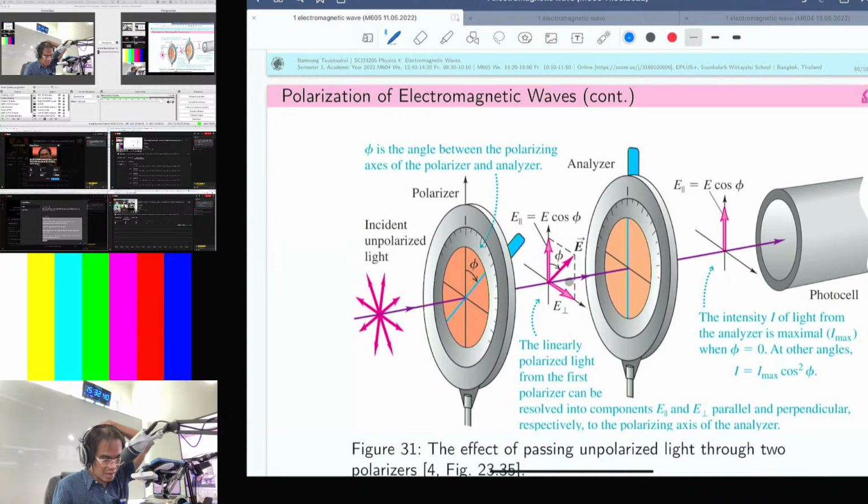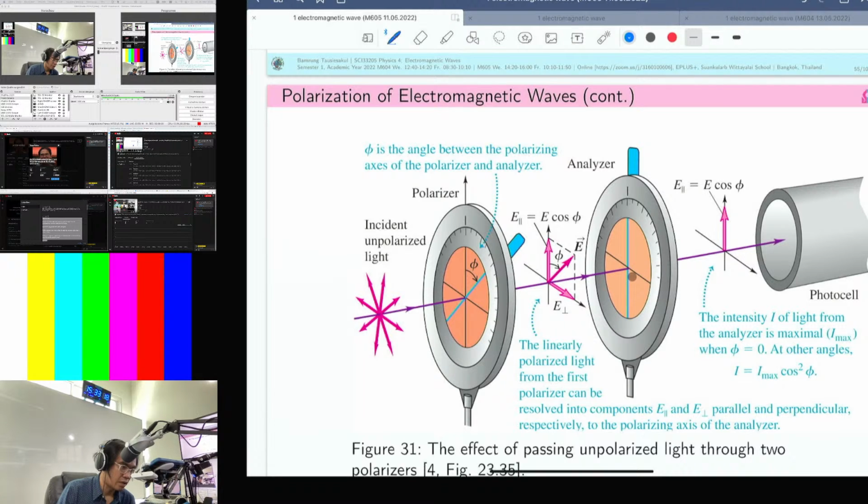So we need to decompose the incident E field into the vertical one and the horizontal one. Of course, the horizontal one will be perpendicular to the vertical axis, and it cannot propagate or pass this filter.